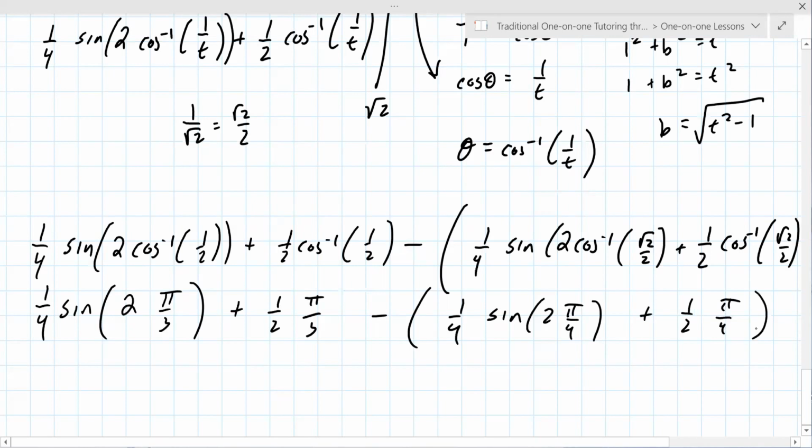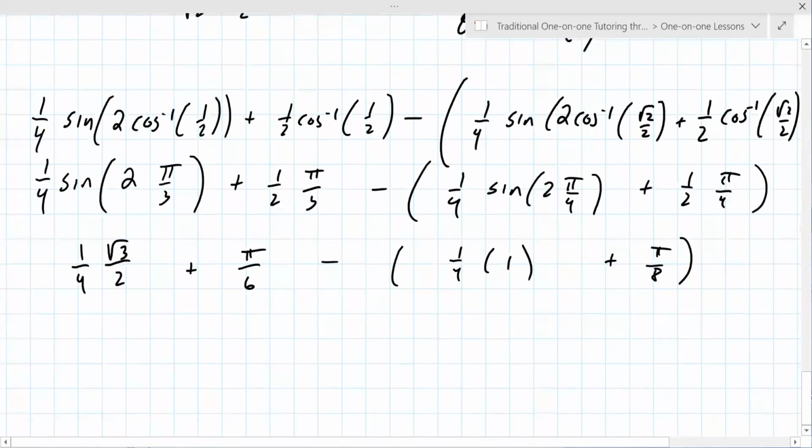Okay. Now you got to find the sine of 2 pi over 3. That's the square root of 3 over 2 times 1/4 plus pi over 6 minus, this is the sine of 1/2 of pi over 2. That's 1. So that's 1/4 times 1 plus pi over 8. So we are almost there.